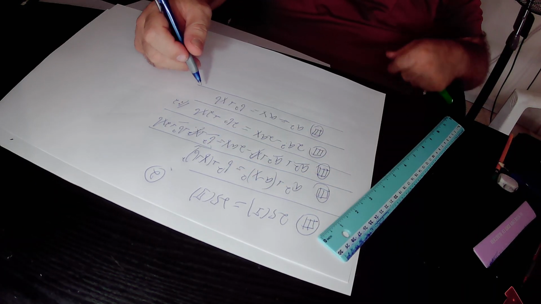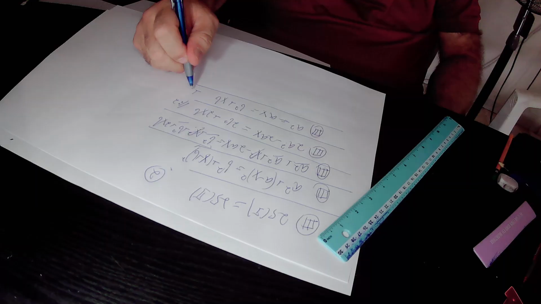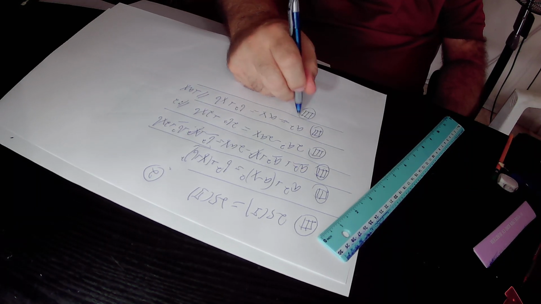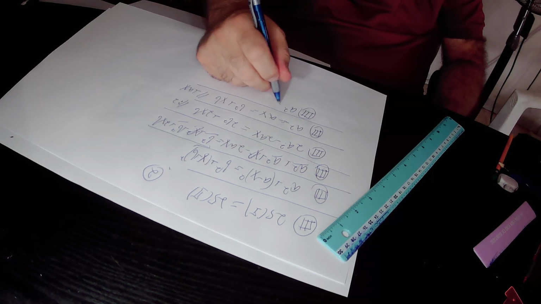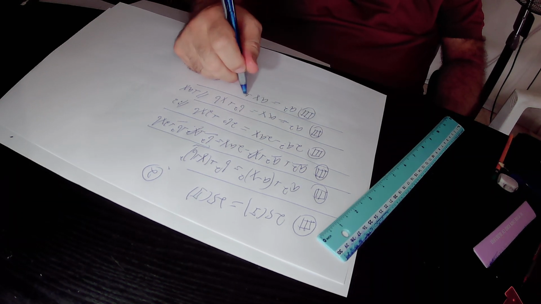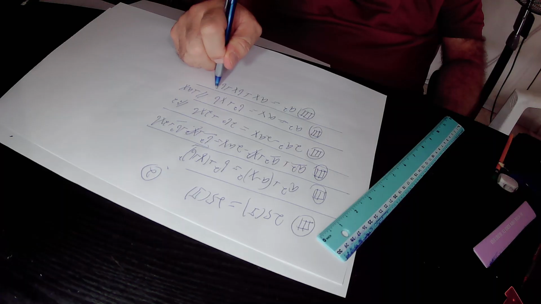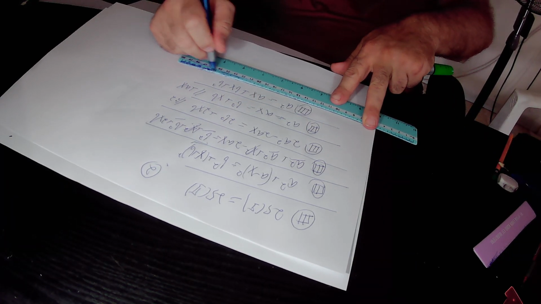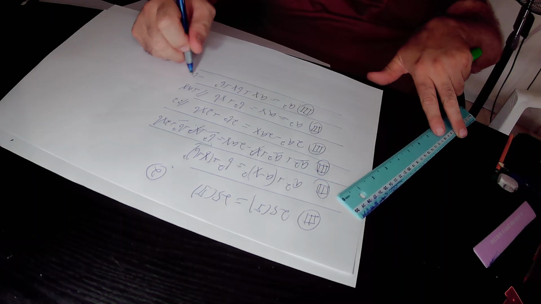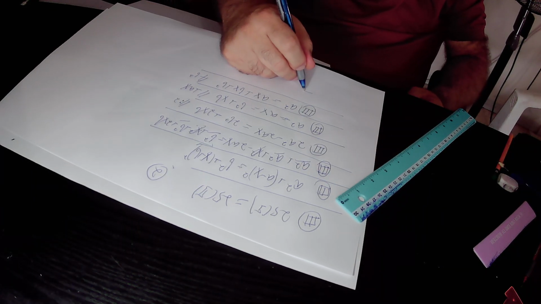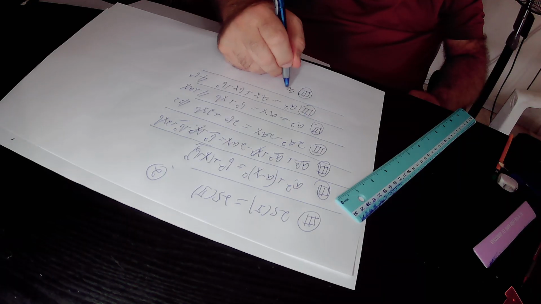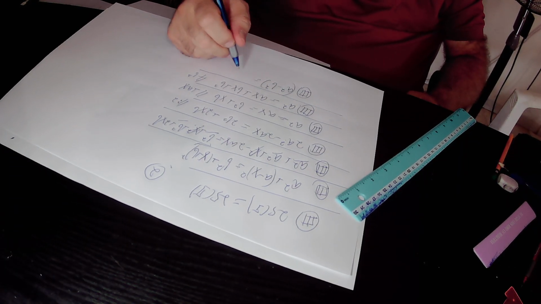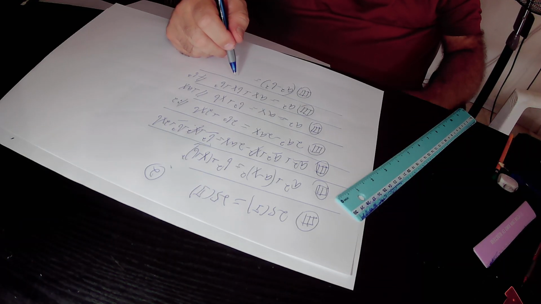plus xb. Here we will add ax to this equation 3, and get that a squared equals ax plus xb plus b squared. So here we subtract b squared from this equation 3, and get that a squared minus b squared equals ax plus bx.